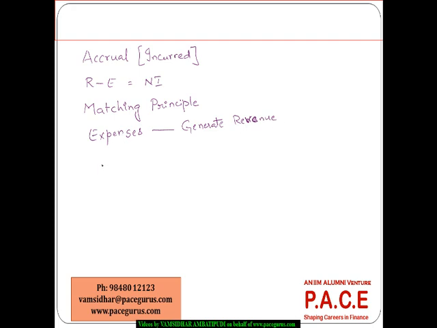Which means if I have purchased a good in Q1, but this good got into production and probably got sold in Q3, then whatever is the purchase price, because it's a revenue in Q3, the expense for this particular item will be shown in Q3 only, not in Q1.